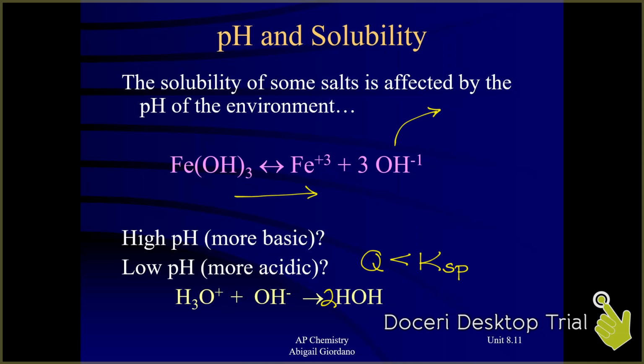So in this case, trying to dissolve iron 3 hydroxide in a more acidic environment is in fact going to increase its solubility, because that additional hydronium ion that's floating around is going to react with one of the products, that hydroxide ion. So hydroxide salts are a great example of a salt that is affected by the pH of its environment.